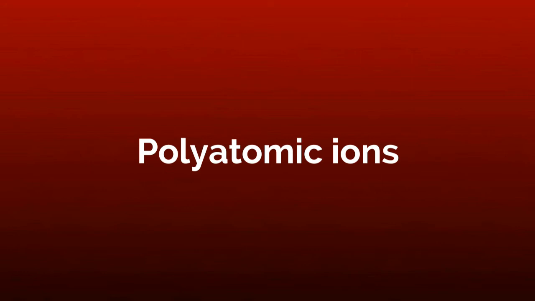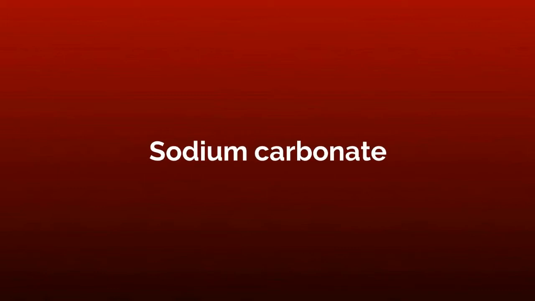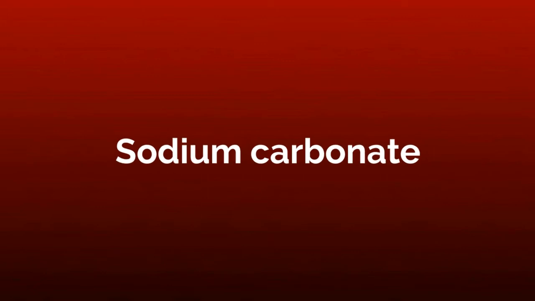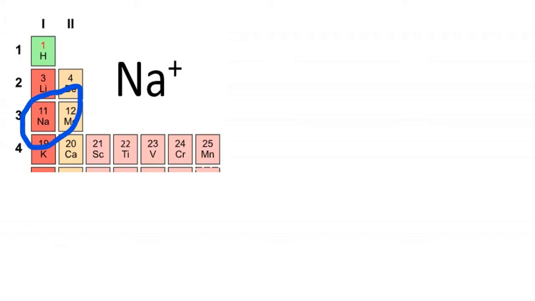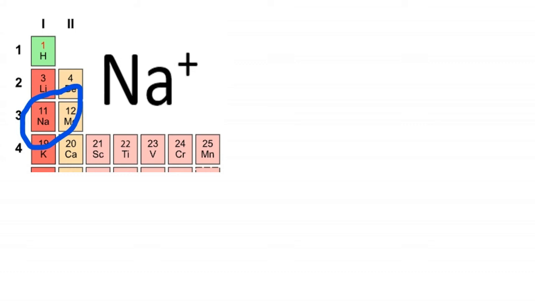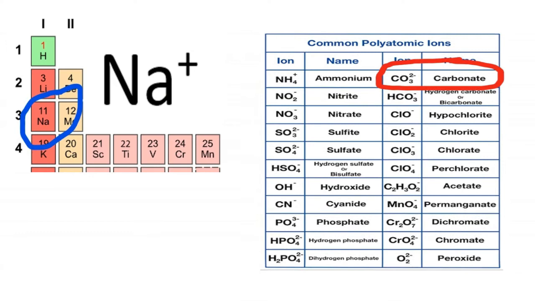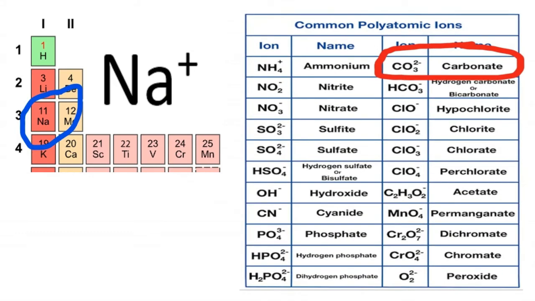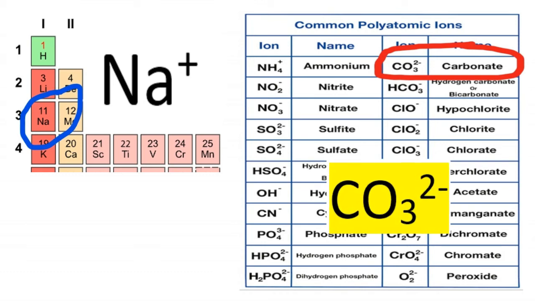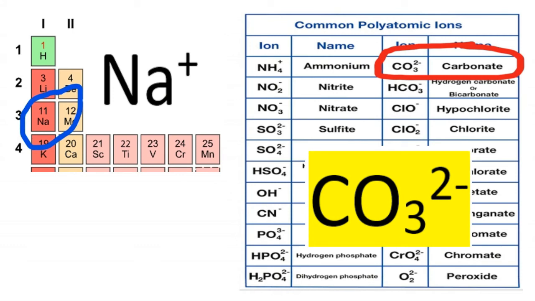Crisscross method can also be useful in writing the chemical formula with polyatomic ions. We need to have a list of some polyatomic ions in order to determine their charges. Example is sodium carbonate. Sodium has a charge of 1 plus, and carbonate is a polyatomic ion, so we refer to the table for its charge. Carbonate, CO3, has a charge of 2 minus.